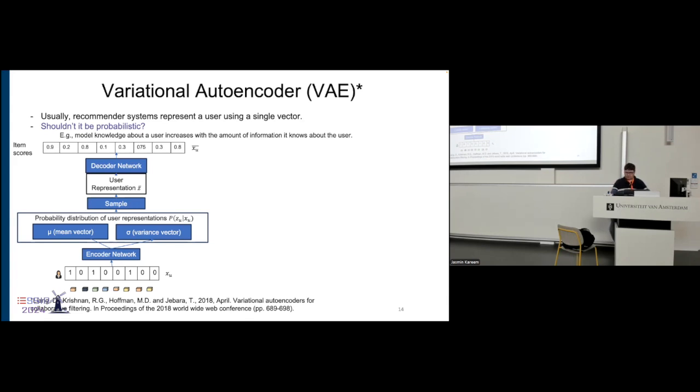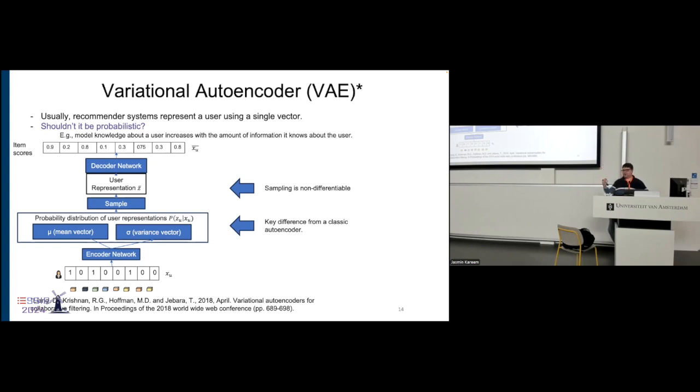But there is one problem. To train such a model, we need to do something about the fact that the operation of sampling is non-differentiable, right? You can sample one vector from a distribution, but our training algorithms, remember the deep learning lecture, want to pass our errors through the network.